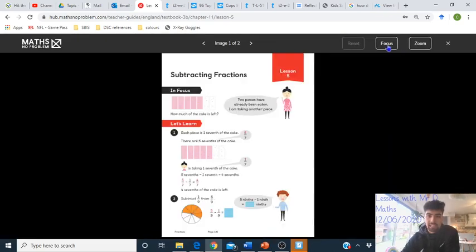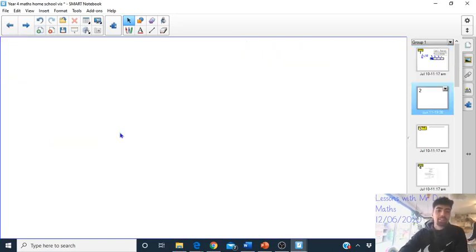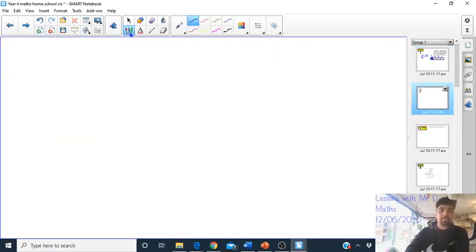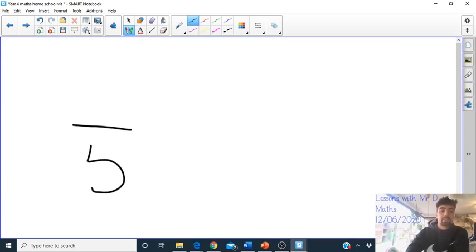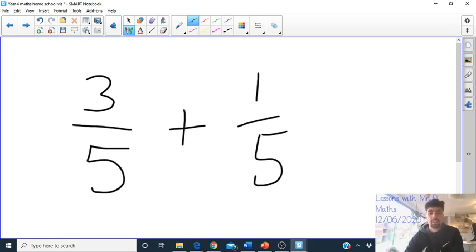But we should have got really good at adding fractions, and we know that if our denominator is the same, let's have an example. I've got my whole and I've cut it into fifths, and I've got 3 of those fifths, and my friend has another 1 of those fifths. How much would I have altogether?